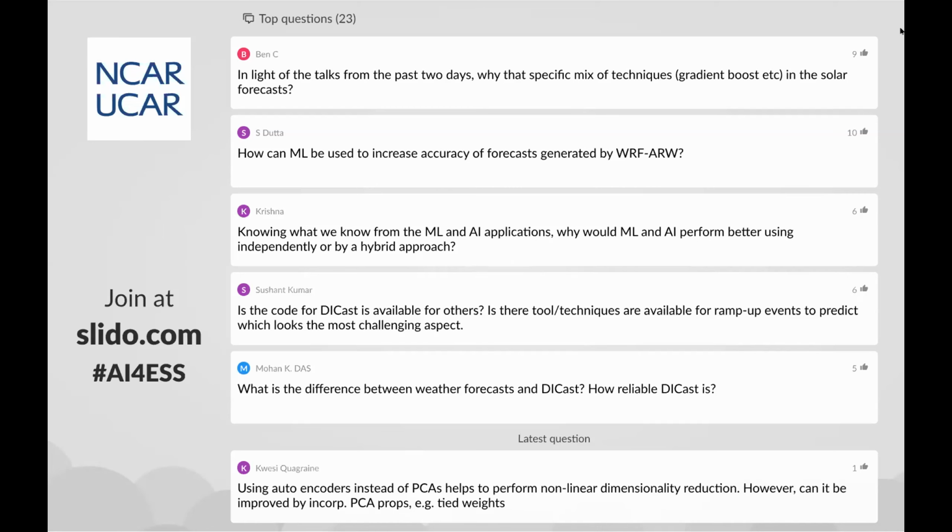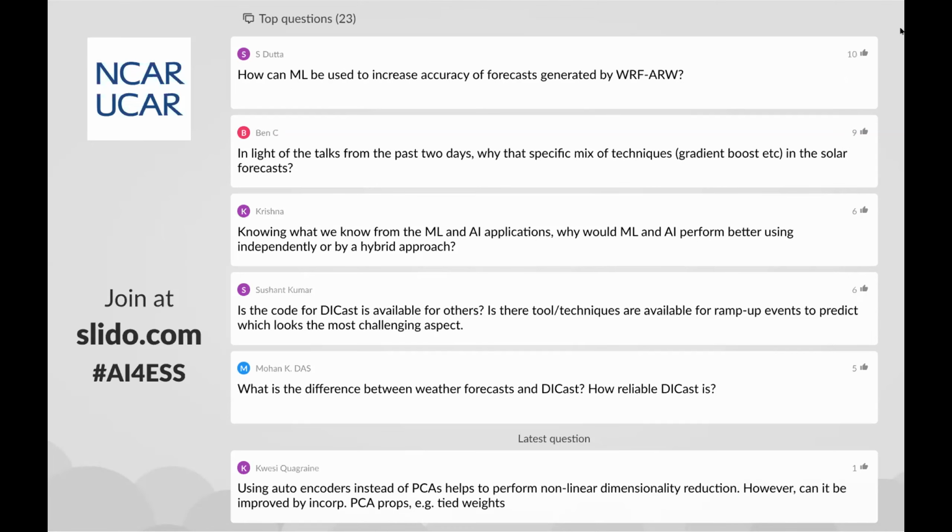So at the time we were developing for point-based prediction, really the traditional methods have been better. We have not yet at NCAR tried convolutional nets on solar gridded forecasts. We would love to do that in the future. I think that might be a good approach. Deep learning could make a difference for that, and that could be something that is useful to do.